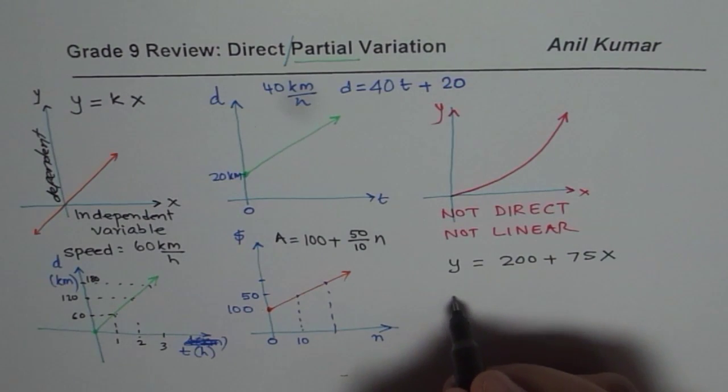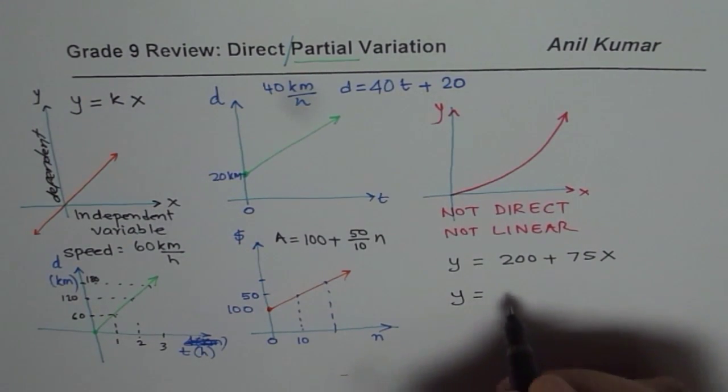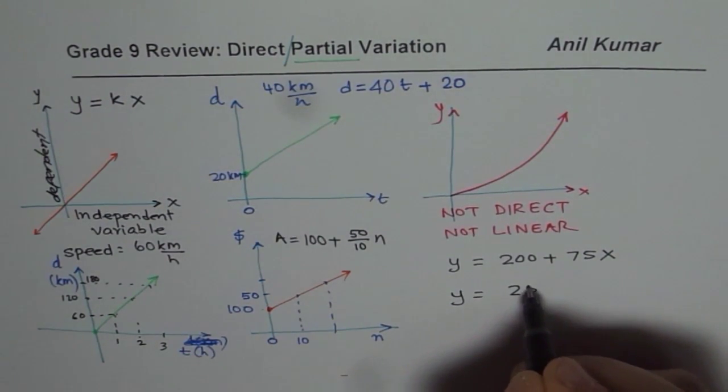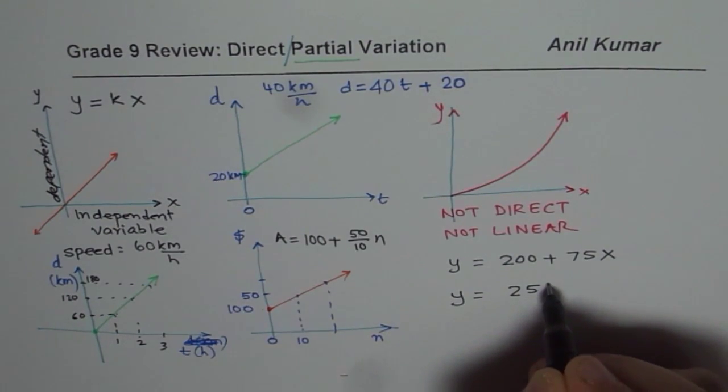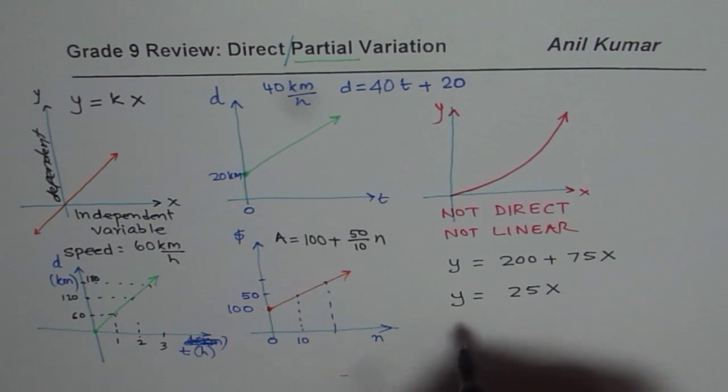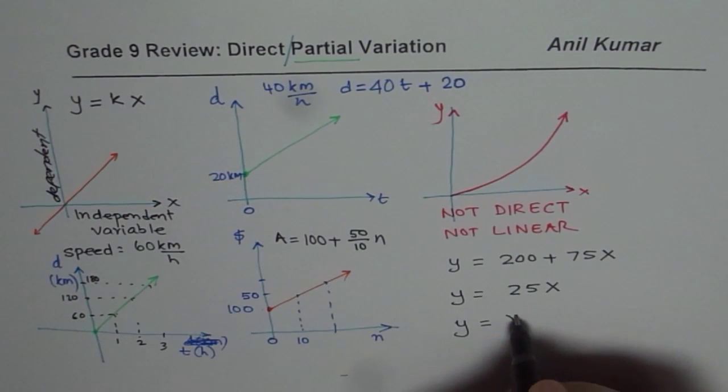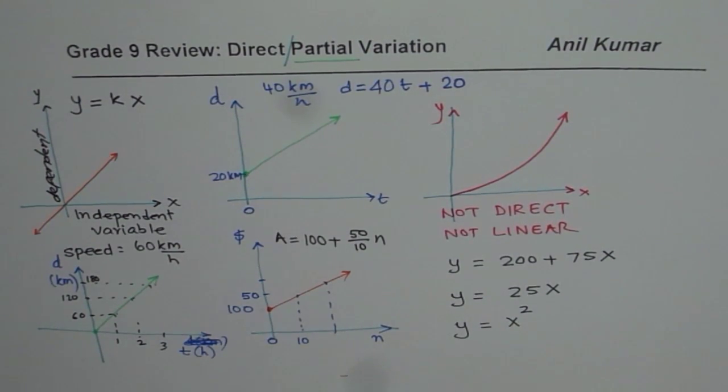Or we could have y equals 25x, or we could have y equals x squared. These are three different equations. Can you tell me which one represents direct variation, which one represents partial variation, and which one represents neither of these two? And provide an explanation for your answer. Let that be a question for you.